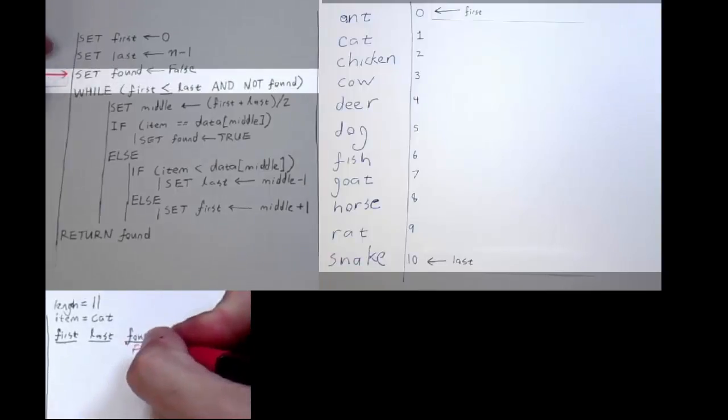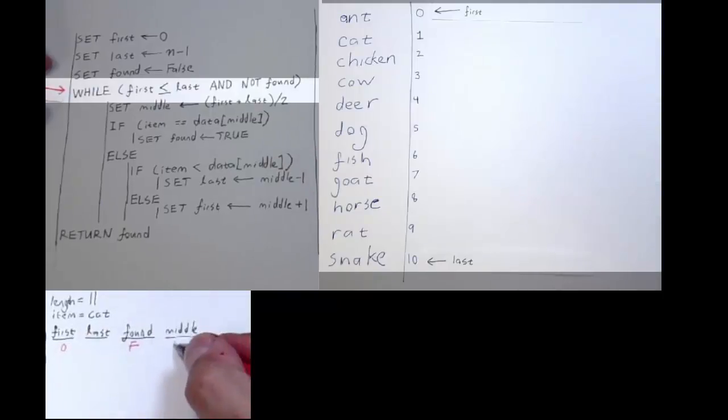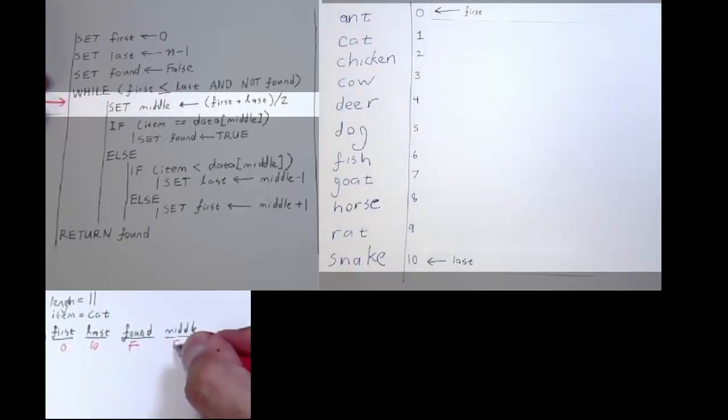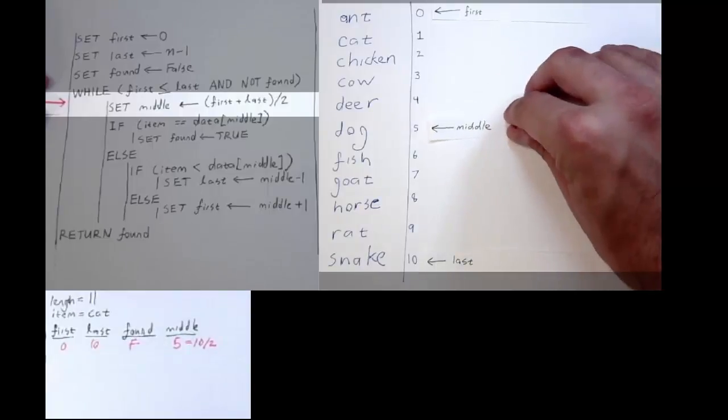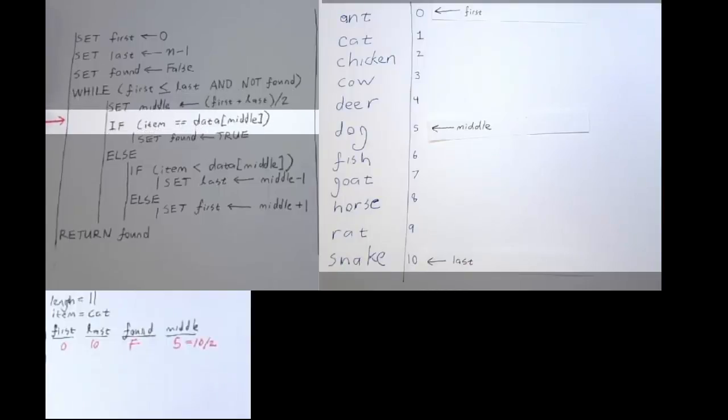While first is less than or equal to last, and we haven't found it yet, we're going to set middle equal to first plus last over 2. So first is 0, last is 10, and 10 divided by 2 is 5. So middle is 5.